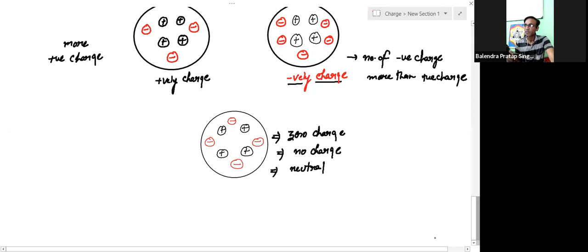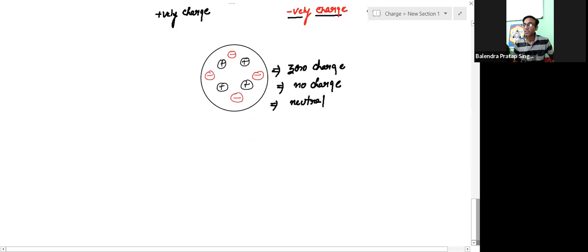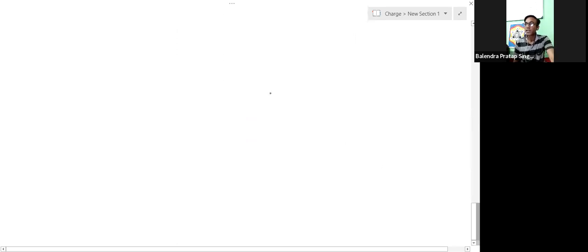First I discussed the definition of charge and very basic points: charge is scalar, charge has unit coulomb, and one electron has charge 1.6 times 10 raised to the power minus 19. We also covered what kind of body is positively charged, negatively charged, or neutral. And the next point is charging of a body. Methods for charging a body.